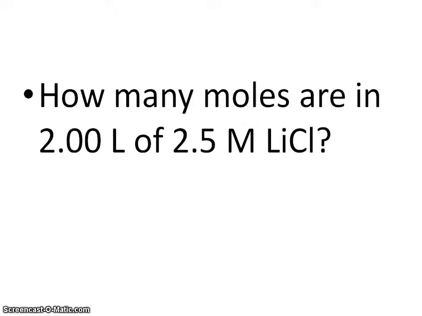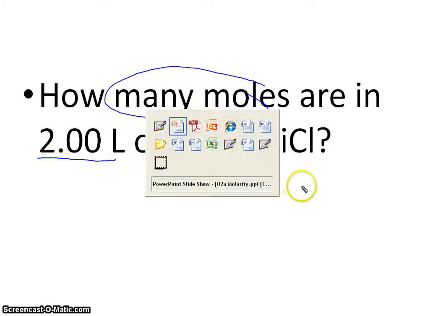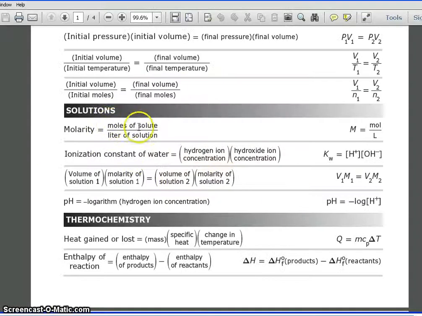Okay, now how many moles are in 2 liters of 2.5 molar lithium chloride? Another question. So we've got liters, we've got molar solution, and we want to know how many moles are there. So look at our formula chart.